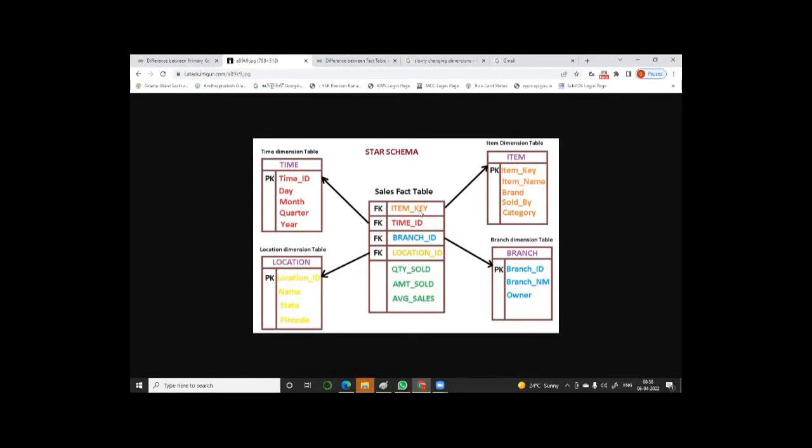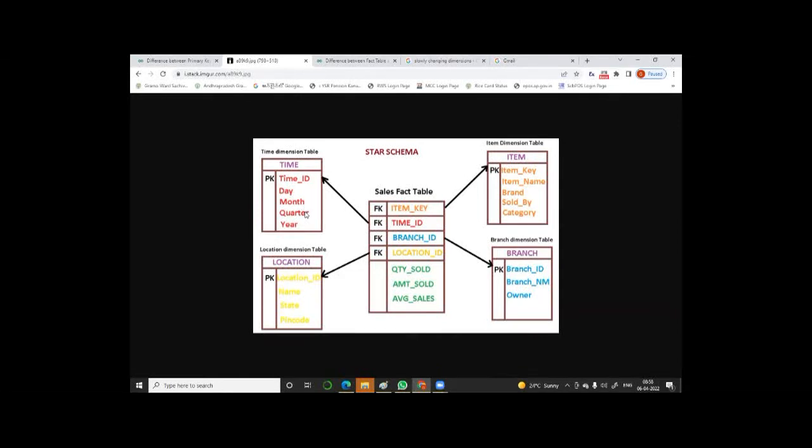For analysis, you should have some numeric values so that it will be easy, not descriptive. But dimensions have descriptive parameters. Here the primary key is there, the item dimension table: item_key, item_name, brand name, sold by, category. In the same way, branch, location, time. These are dimension tables. Why? I already told you dimensions have descriptive values.